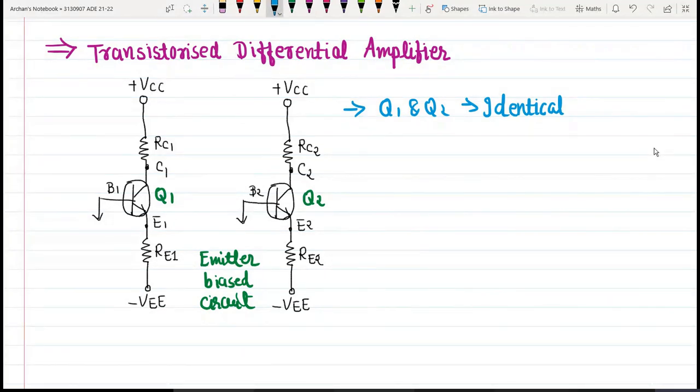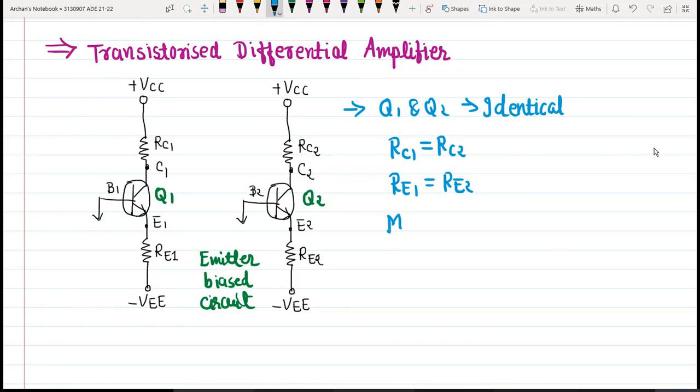Then the values of the collector resistances RC1 and RC2 are also the same. Similarly, the values of the emitter resistances RE1 and RE2 are also the same.